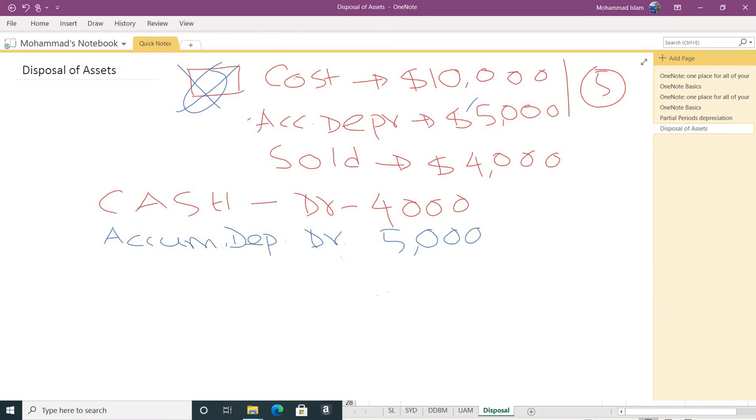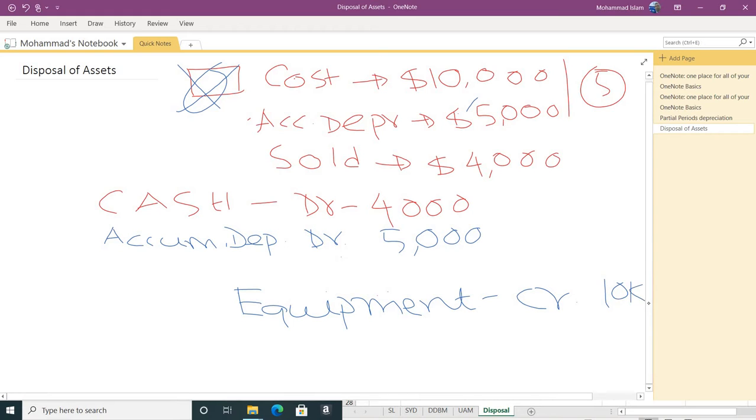So we have sold this asset. Say for example, the name of the asset is equipment. Equipment credit, that should be 10,000. I am writing 10k. And the difference between these two and this one is 1,000.